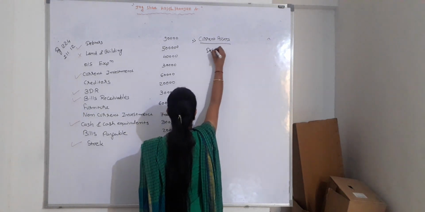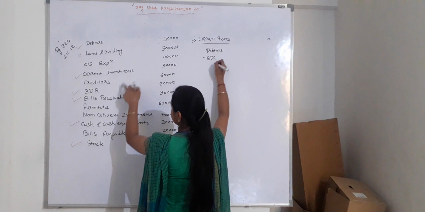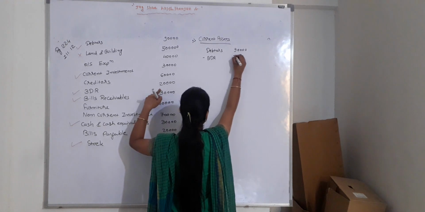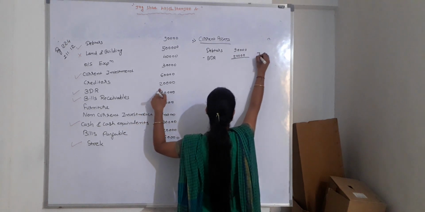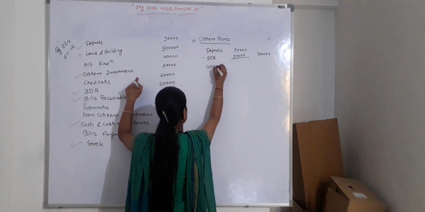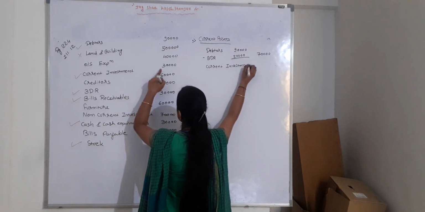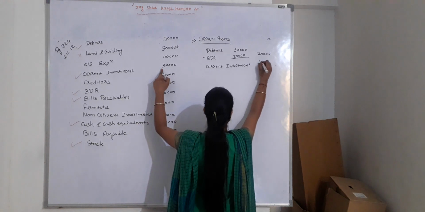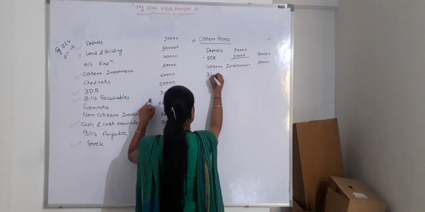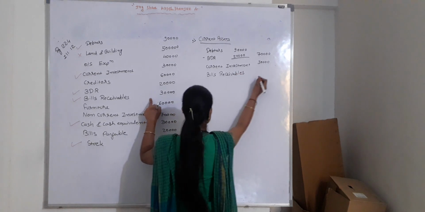So, write down all this over here. Debtors minus BDR. Debtors are of 90,000 and BDR 20,000. So our answer is 70,000. Then we'll add current investment 30,000. Then bills receivable 30,000.